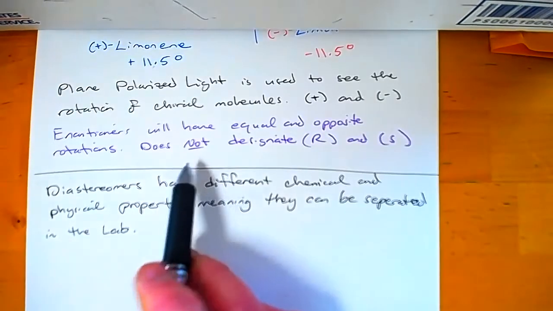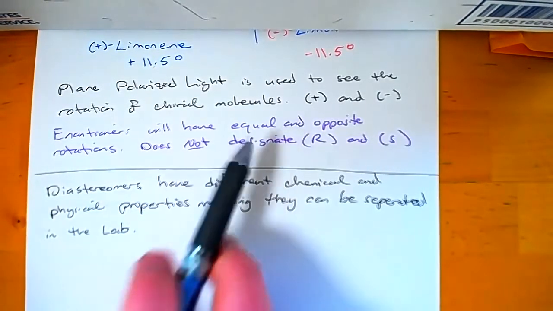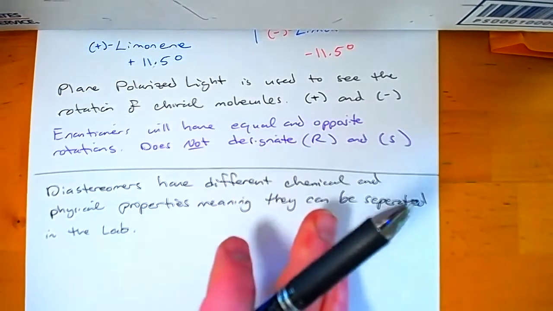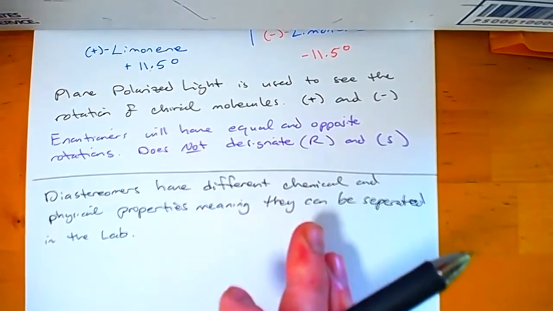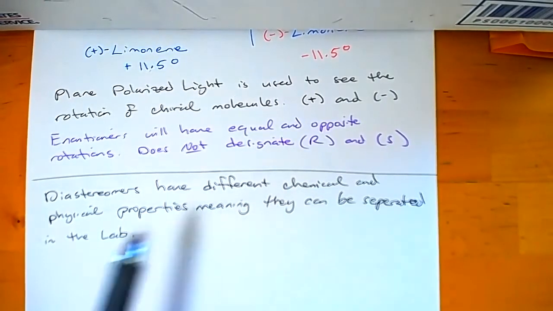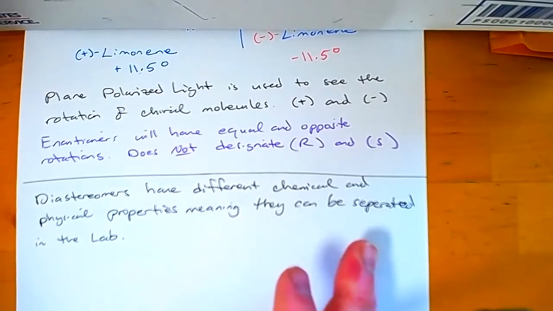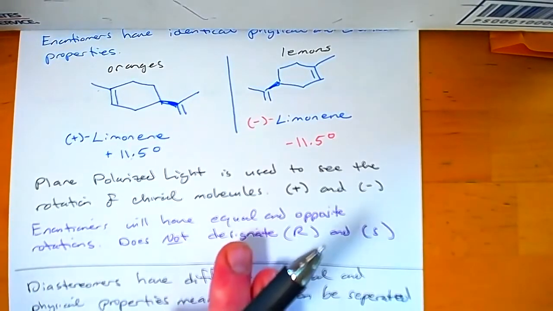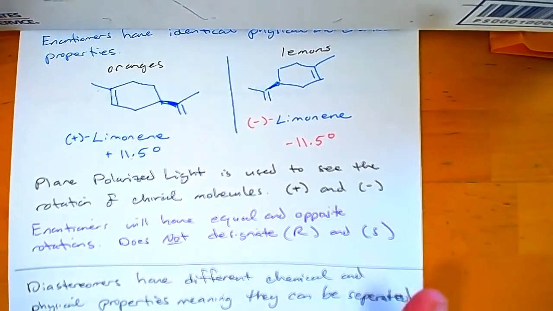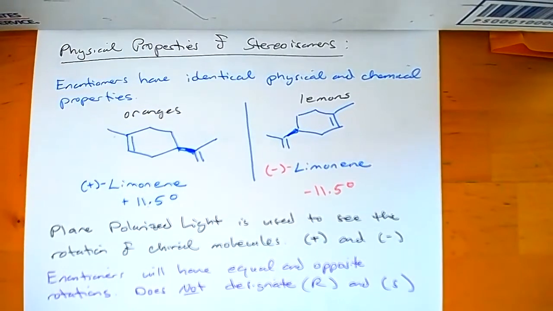You can separate enantiomers, but they generally require a chemical trick, like you convert them into diastereomers, separate them, and convert them back to enantiomers. Or you have to use a chiral media to separate them anyway, and that's expensive. And I'm just going to let the cat out of the bag right now.